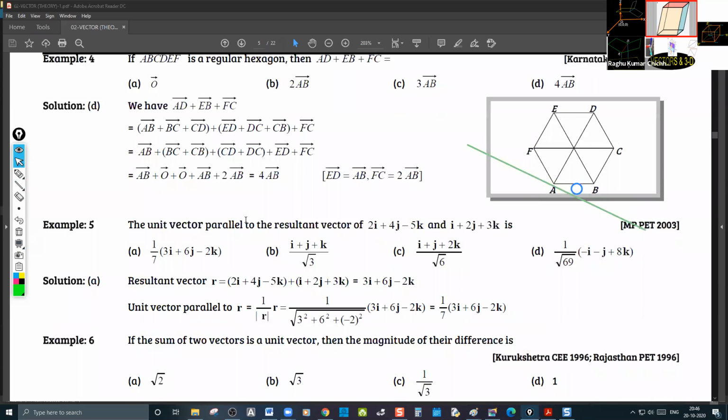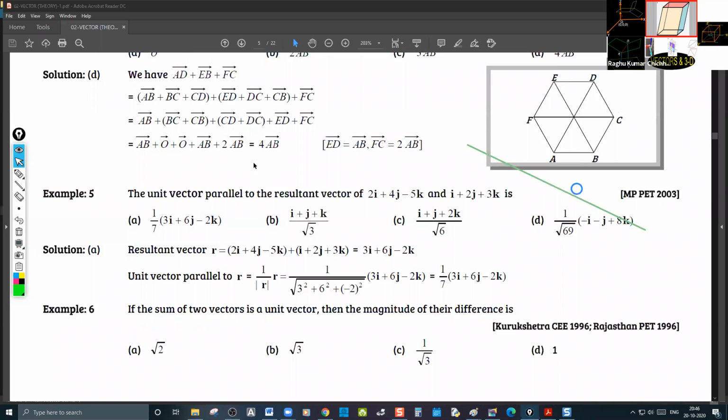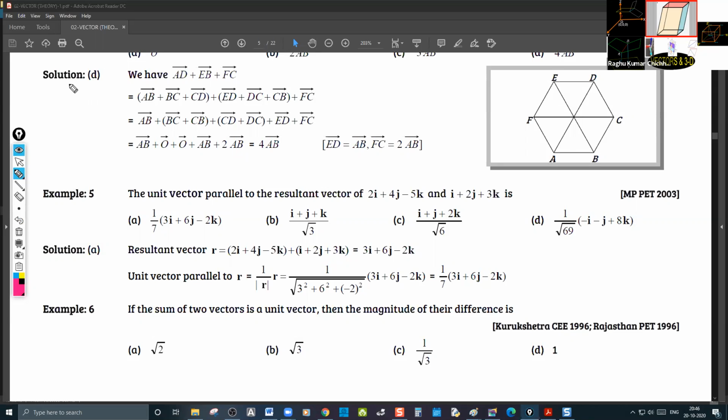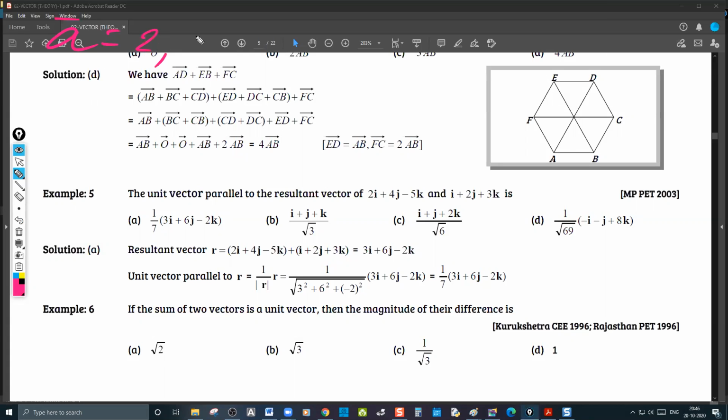Next, the unit vector parallel to the resultant vector. Kaushik, remove that line. What are the vectors given? A bar is 2, 4 minus 1, 5.